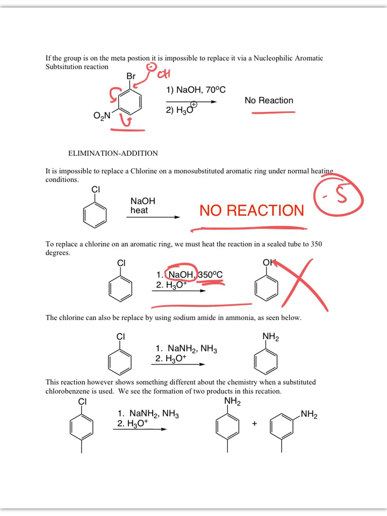The chlorine can be replaced with sodium amide and ammonia, where it comes in, attacks a hydrogen, forms a triple bond, and then adds back in. So it's an elimination followed by an addition. Okay, we can do this, and when we do this, we get the nitrogen adding to either side next to the carbon, either the carbon that was the chlorine or the carbon that was next to it.